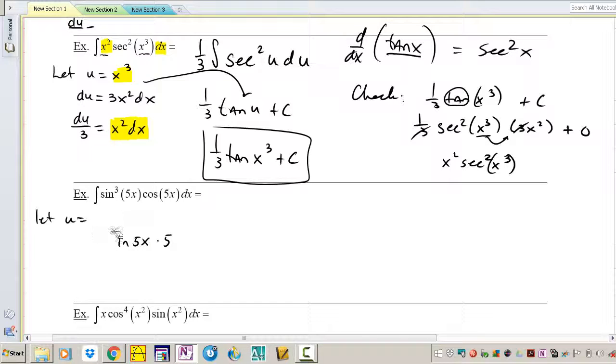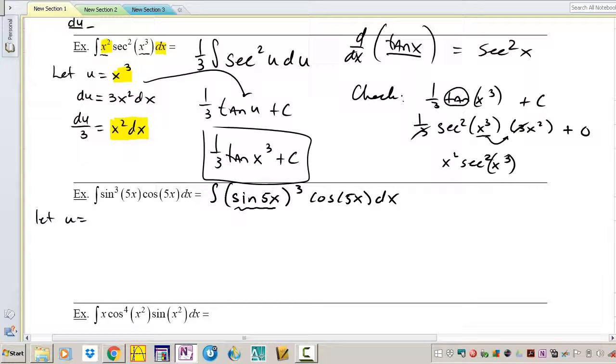It seems like I've used all my options, but then you have to remember from pre-cal that the sine cube is the same thing as the sine quantity cube. So whatever the sine is, you can put parentheses all around it and then cube it, and then cosine 5x. Now we have another option, a hidden option that wasn't so obvious.